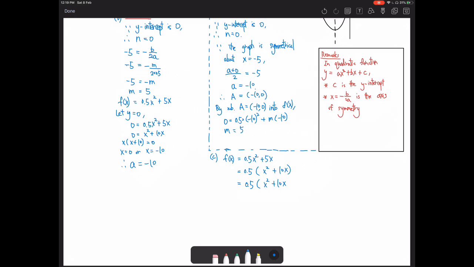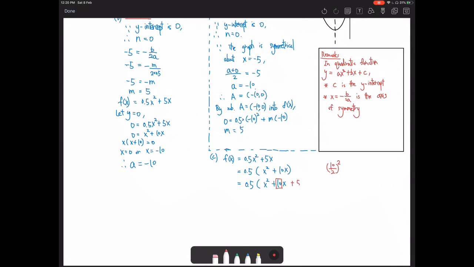Now you want to make a perfect square. So you add a number, and then you minus a number. But what number should you add and minus? You look at this number, 10. The number you add is this number 10 over 2, squared. So 10 over 2 is 5.